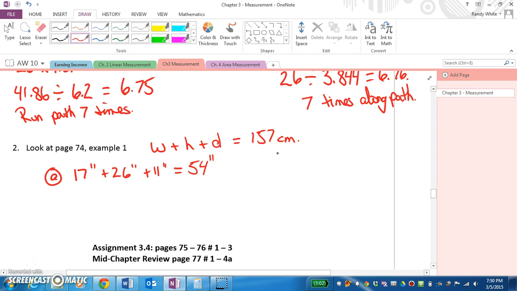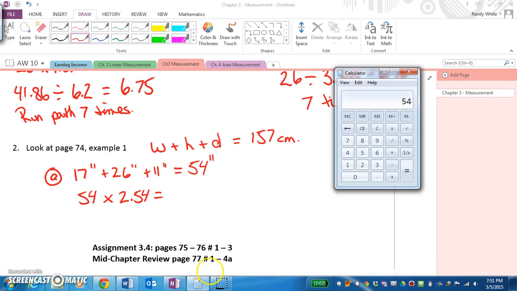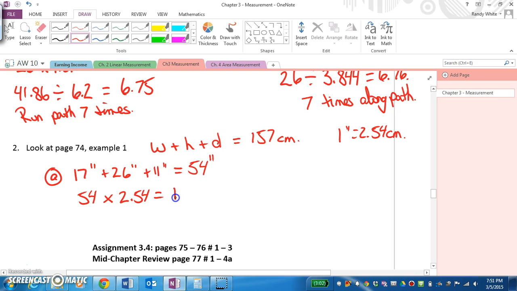And I know that 1 inch equals 2.54 centimeters. So I will take that 54 inches and multiply it by 2.54. That's 137 centimeters. So it's good to go.